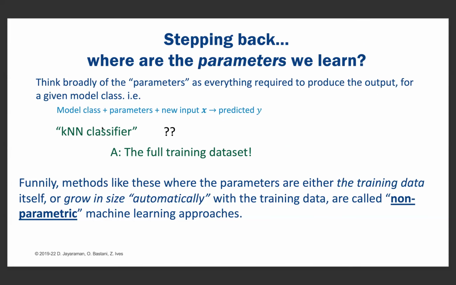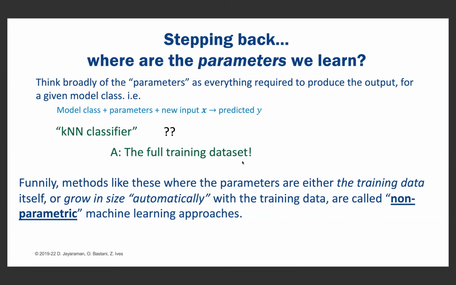For the KNN classifier, for this model class, the parameters are essentially the full data set. If we use a method like this, the parameters are all the training data, they grow automatically with the training data, and it's called non-parametric because there are no extra parameters. But in fact, in order to do something, we need to use the full data set.